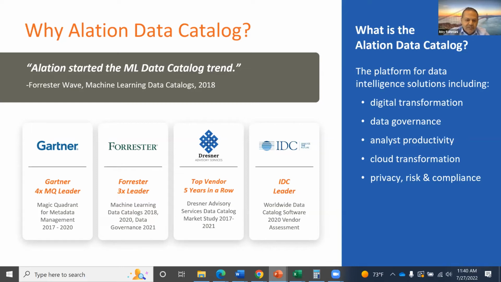From a cloud transformation point of view, obviously, Alation does not migrate data into the cloud. However, we provide the intelligence for the cloud transformation. What kind of intelligence? Again, according to Gartner research, people at a given time are only using 10% of the data.